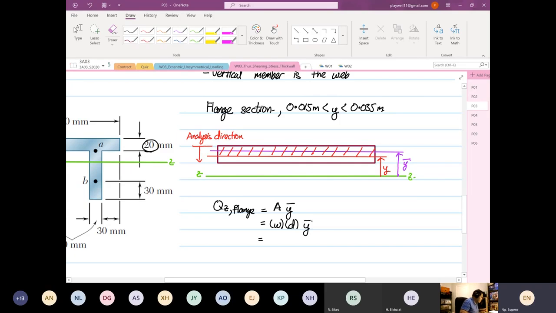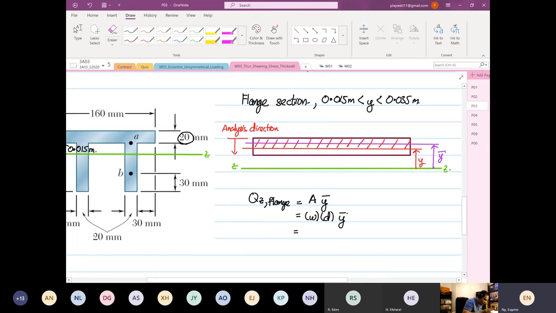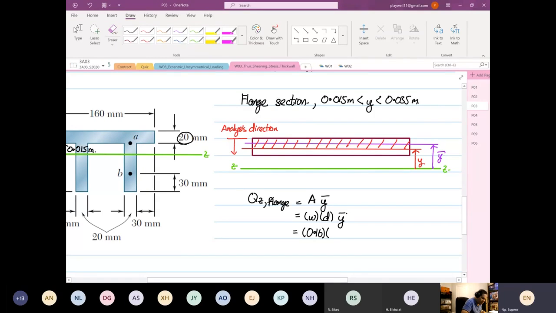So the width over here, based on geometry, what we see is 0.16. Right? And then the depth is equal to 0.035 minus Y. Okay, that's the depth. So this expression over here.